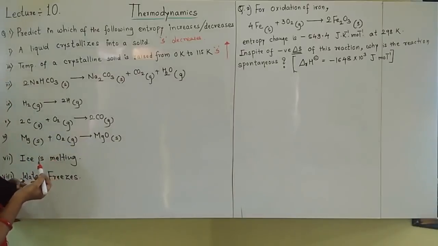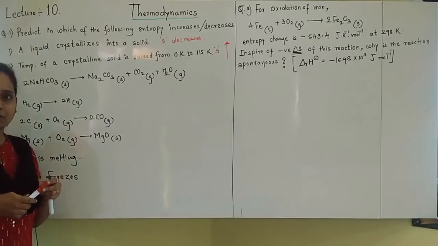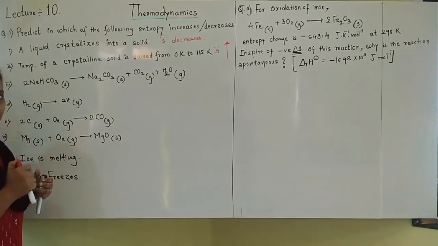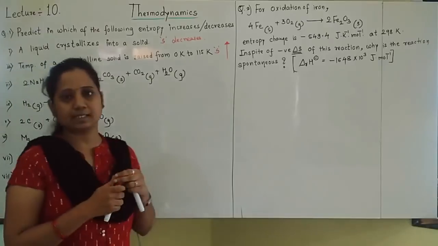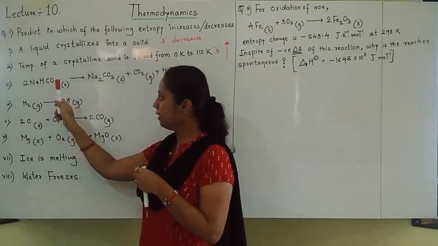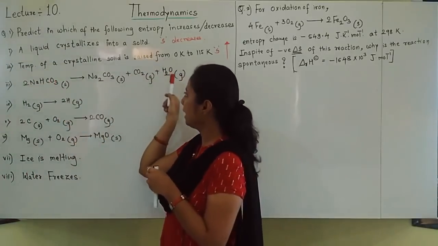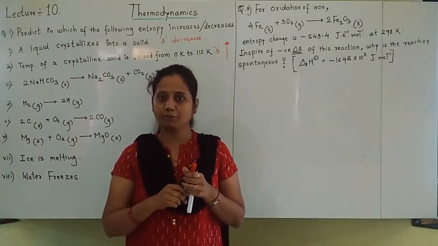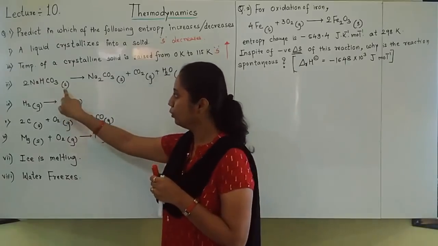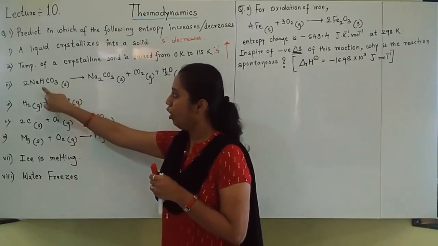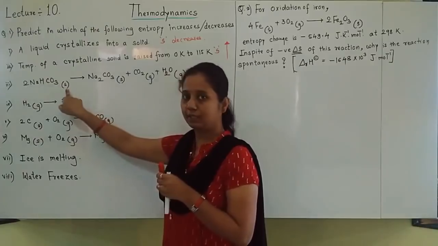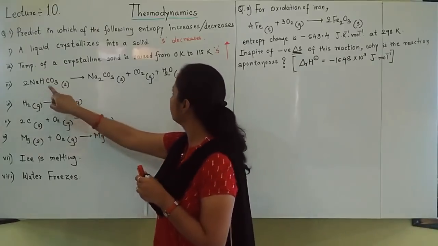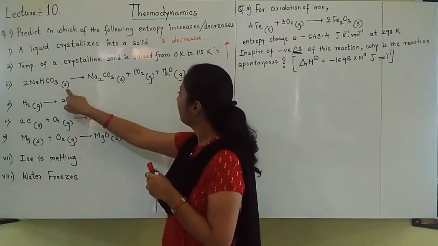Okay, next. A reaction will be given, students. See here, one reaction is given. Look at the reaction and understand what happens to entropy. Whatever reaction is given, you should observe the physical states of reactants and products. You can see that all reactants are solid.